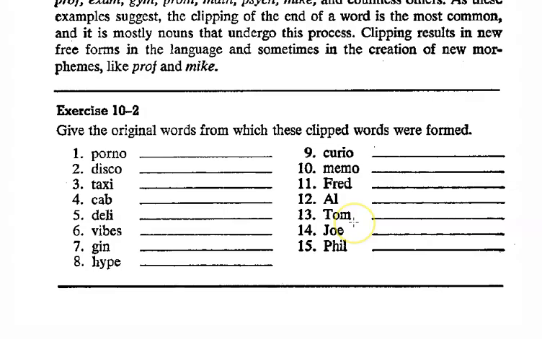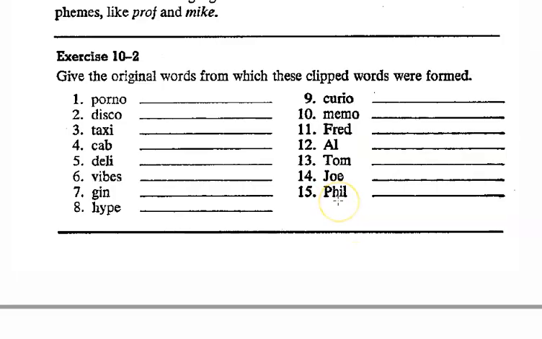Now, let's add number 16 here. Liz, for example. Liz, L-I-Z, would be a cut form from Elizabeth. By the way, Elizabeth can be cut into Liz, or it can be cut into Beth. Sometimes some people say Liz, sometimes people say Beth.